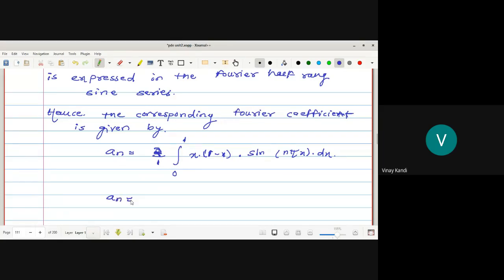So a_n is equal to 2 into integration 0 to 1.